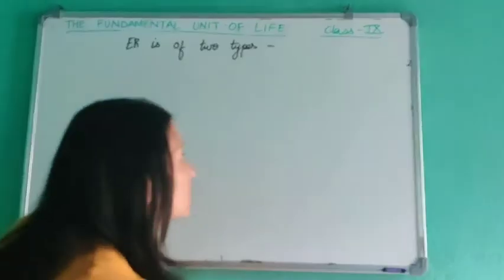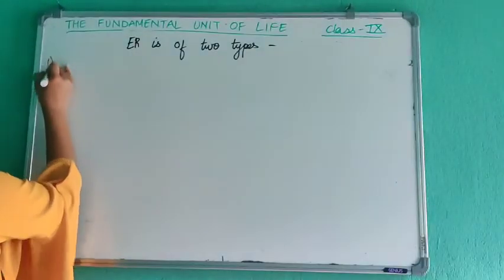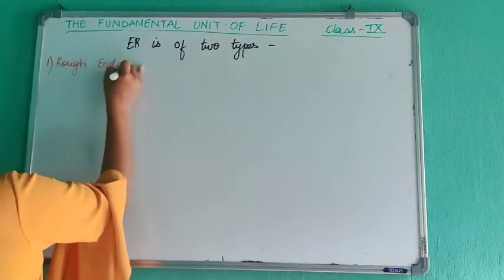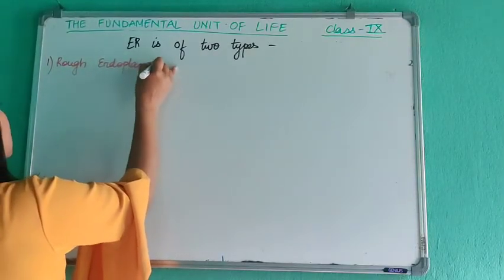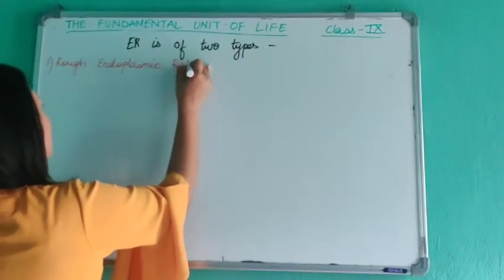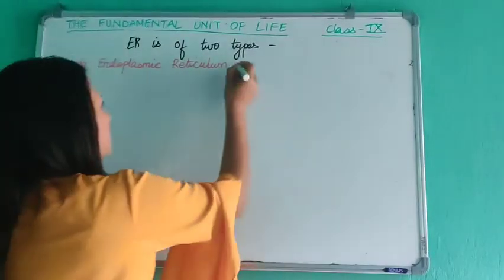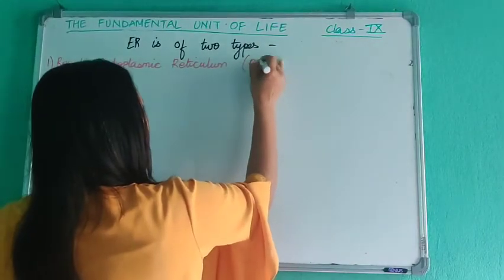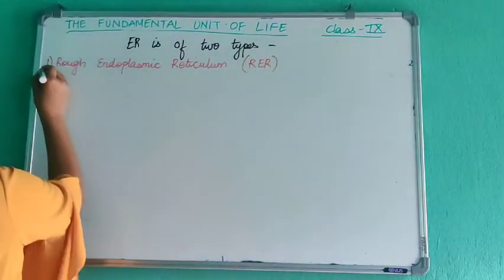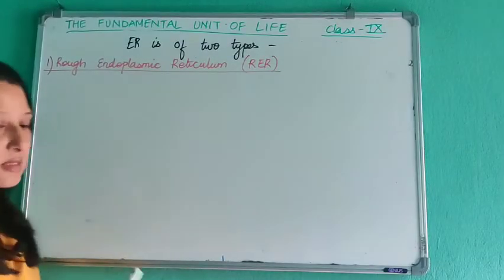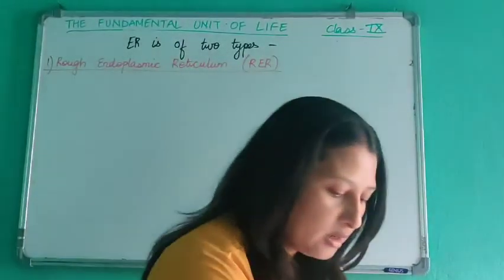The first one is known as rough endoplasmic reticulum. Please remember the spelling of this cell organelle. Rough endoplasmic reticulum, short form is RER. And the next one is smooth endoplasmic reticulum.